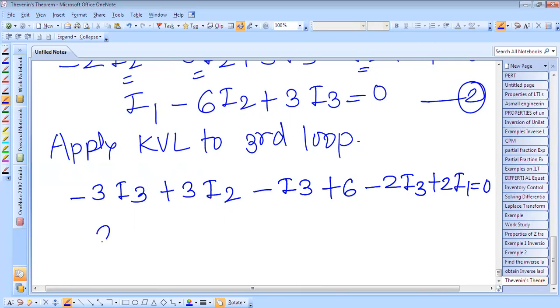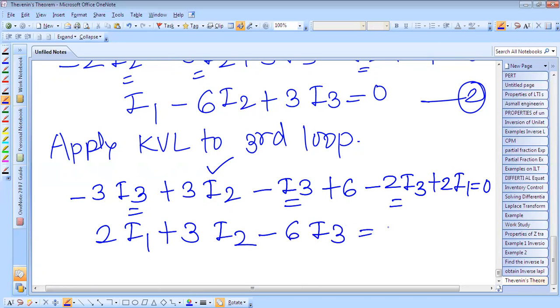So 2 I1 is there, I2 is there, plus 3 I2, and now the I3 is there. So 5 minus 6, so 6 I3 is there, and this is all equal to 0. This is equation number 3. So we have to solve these equations.